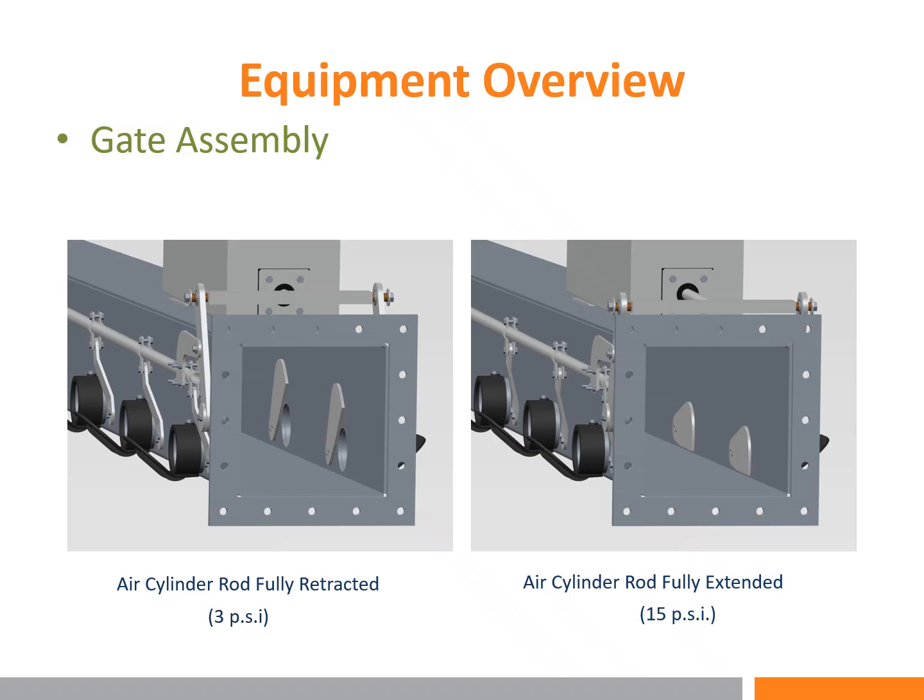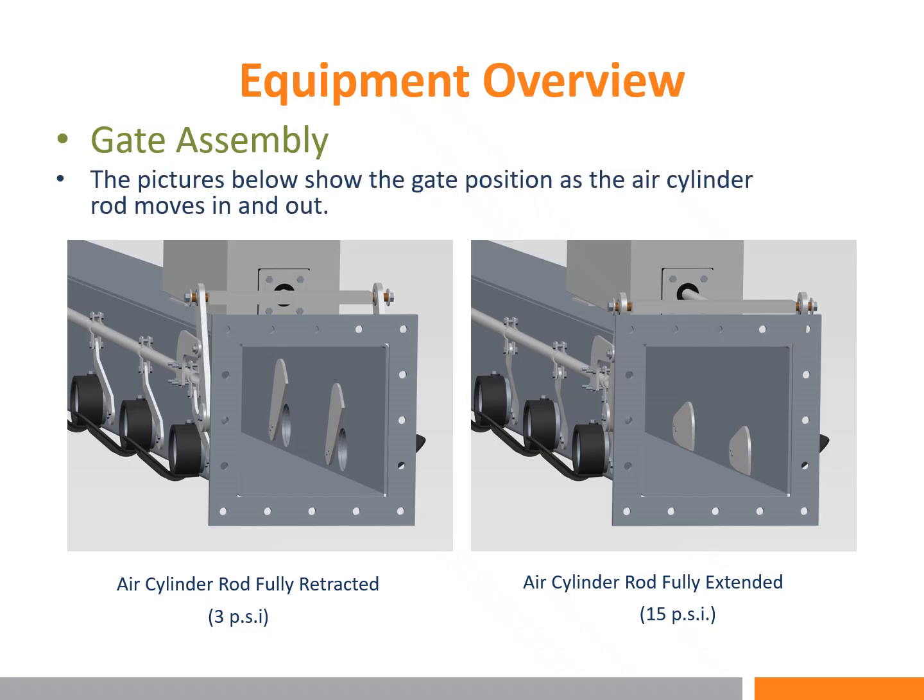Gate assembly. This picture below shows the gate position as the air cylinder rod moves in and out. Not all discharge ports have gates. It is only the outermost 16 that have the gates on the discharge ports.